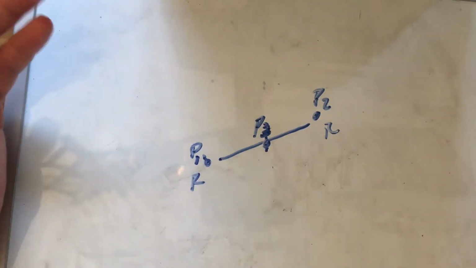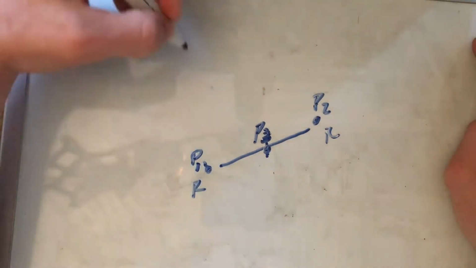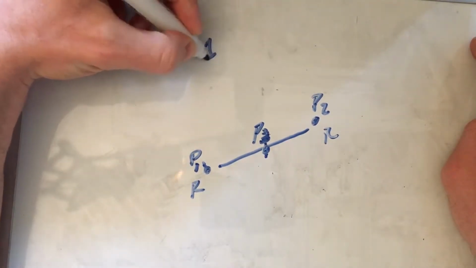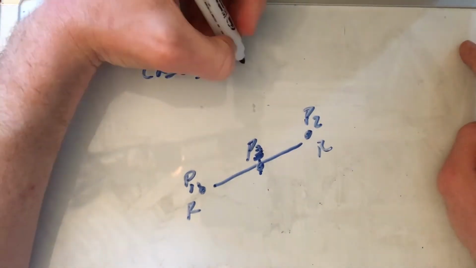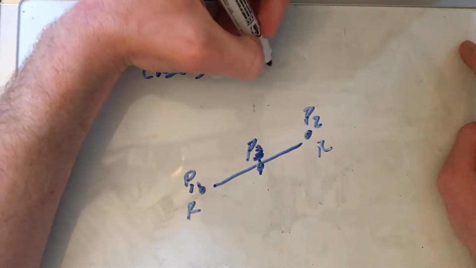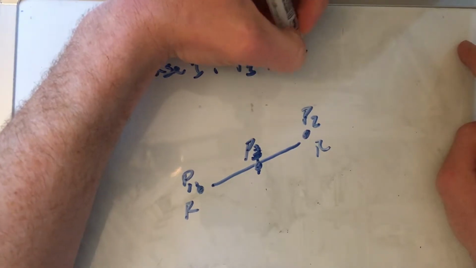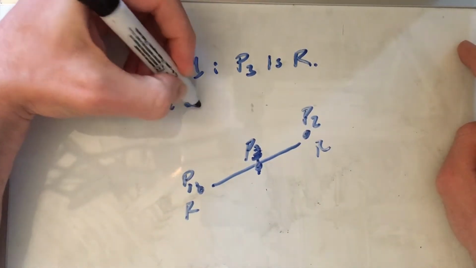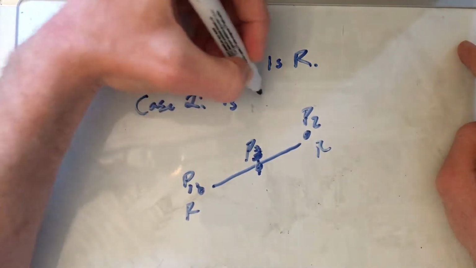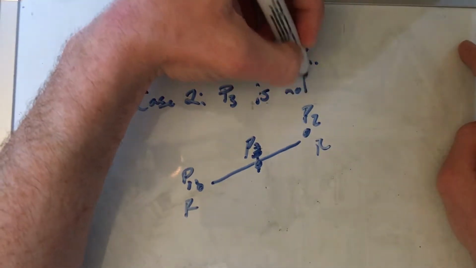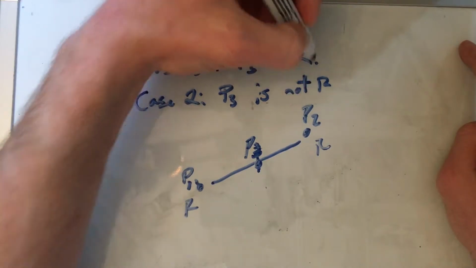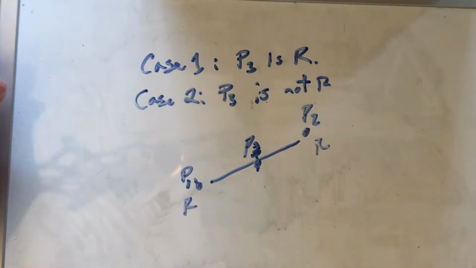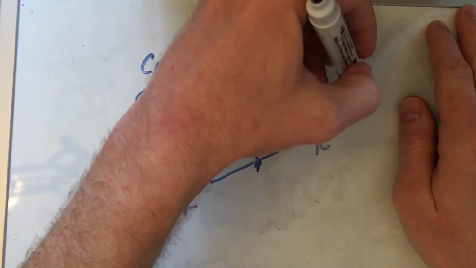Splitting it into 2 broad cases, case 1, P3 is red. And then case 2, we're going to investigate, P3 is not red. Right, so that seems pretty exhaustive, right? So let's go ahead and start with the first one.